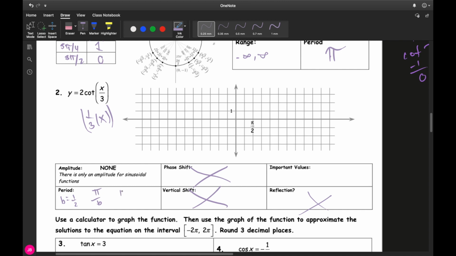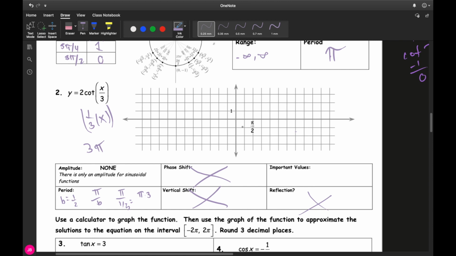So we're going to go ahead and say pi over 1/3 is the same thing as saying pi times 3 because we multiply by the reciprocal. So my period is actually going to be 3 pi. So what this tells me is that this is going to be a very long graph. It also tells me that instead of working with a point at 1, we're going to be working with a point at 2.